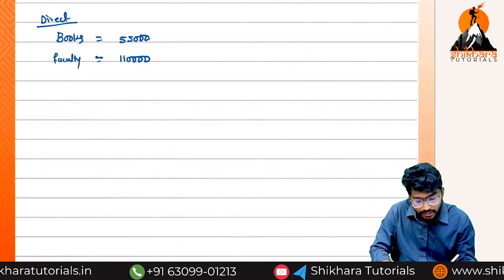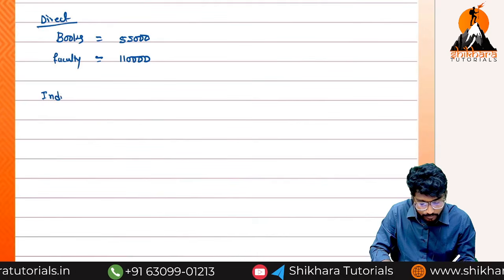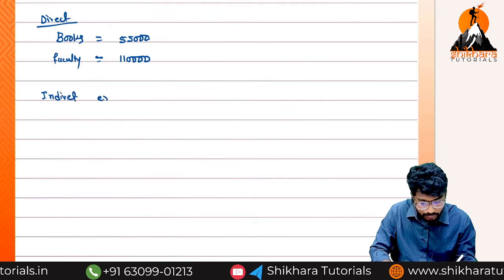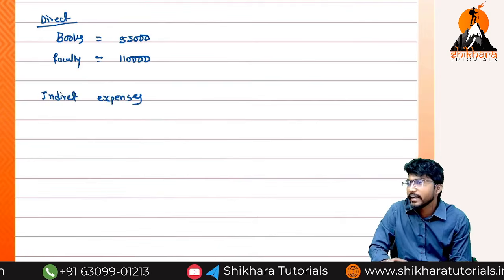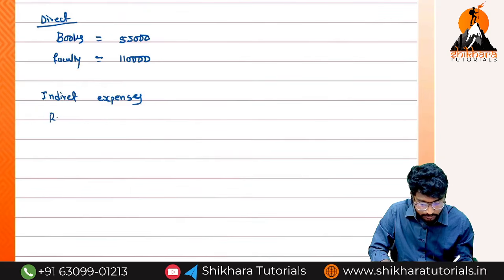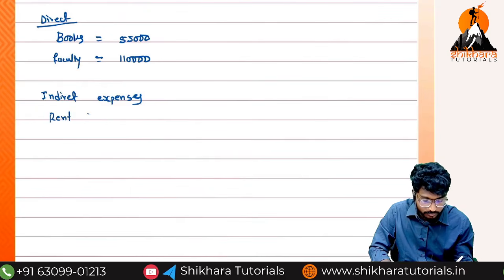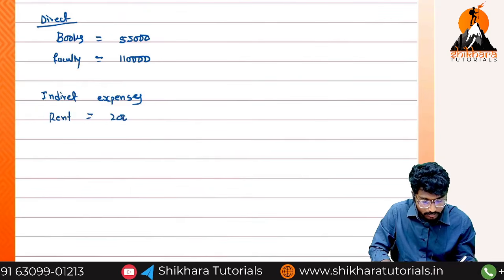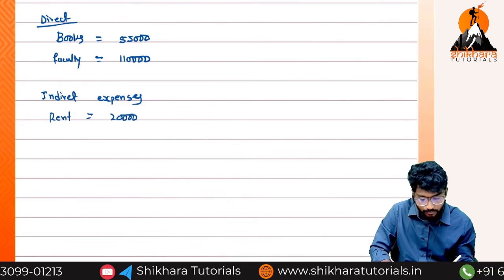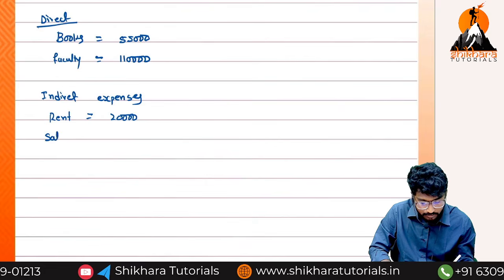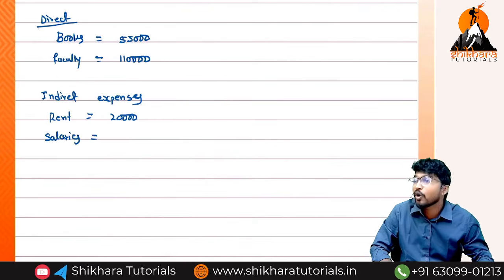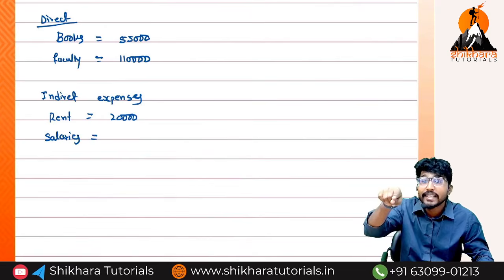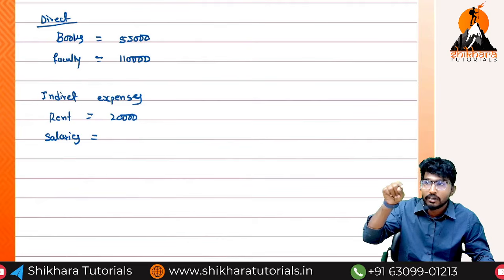Next, indirect expenses are there. Indirect expenses like rent. Rent is 20,000. Next, salaries of coordinators. They are indirect employees.